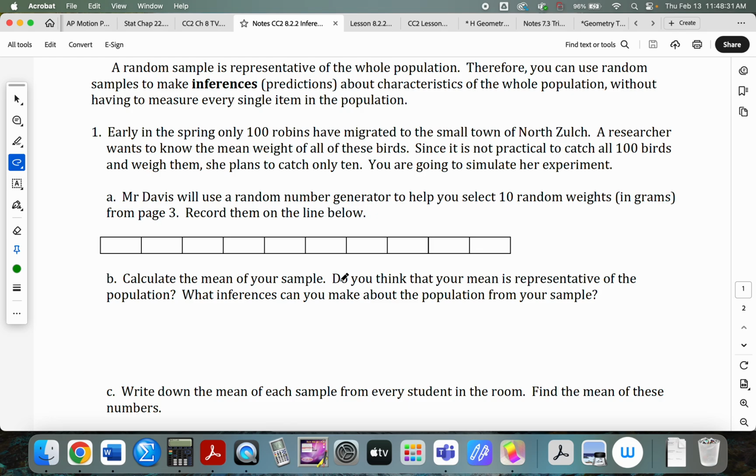So do that like it's 10, 10, yeah. And we can use our calculator to add it in, to find the mean, yeah.